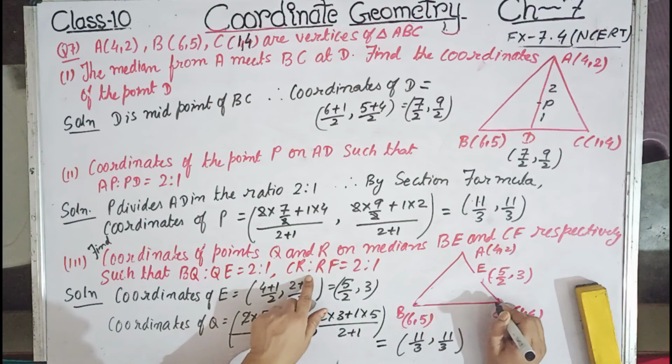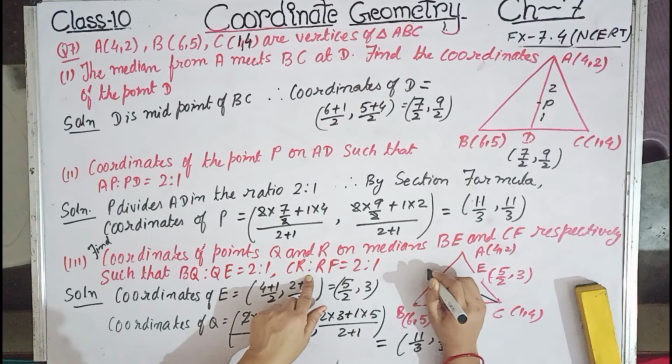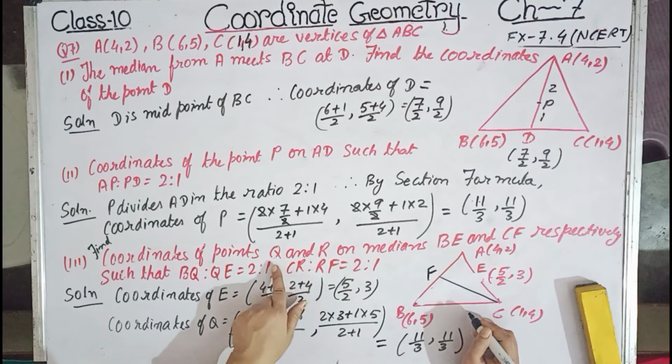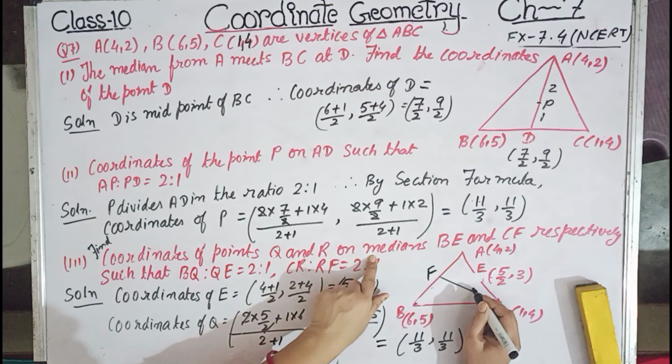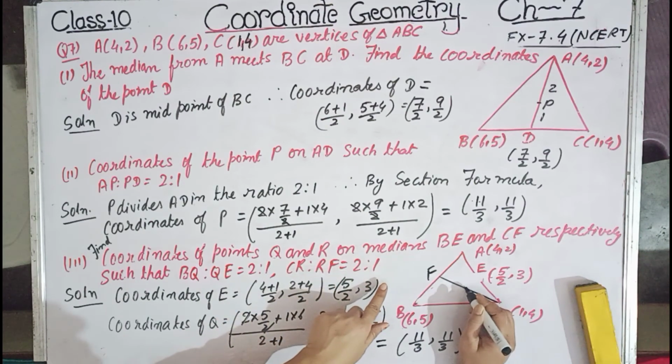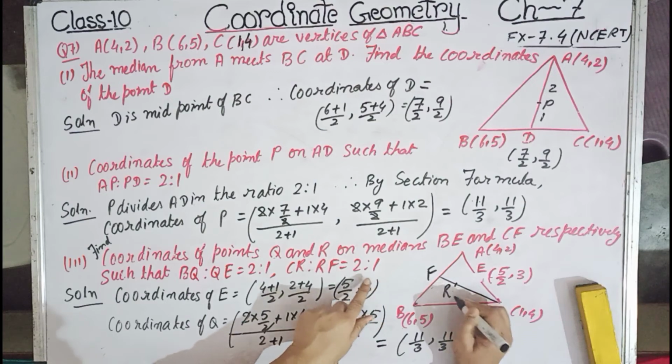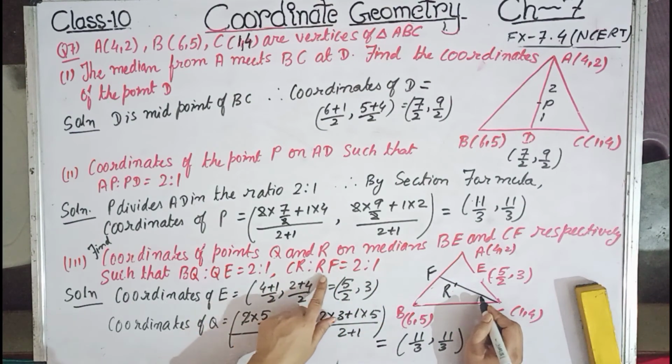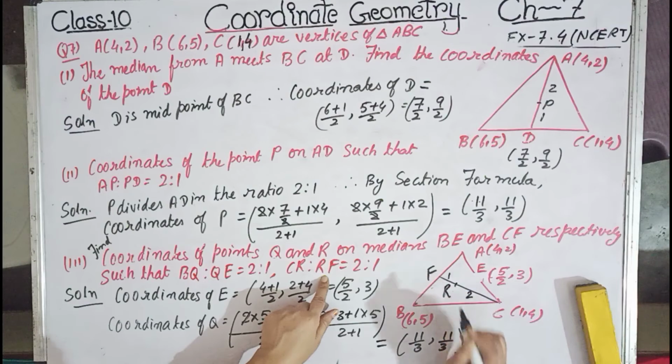So over here, this one is CF, and R is a point on the median CF such that CR is to RF equals 2 is to 1.